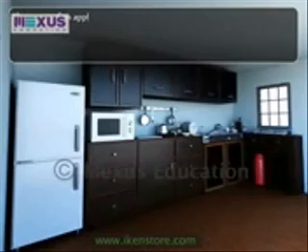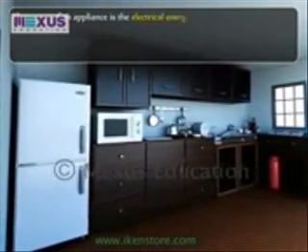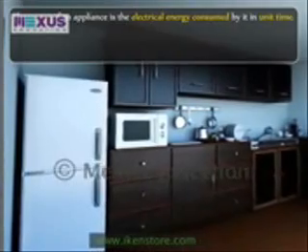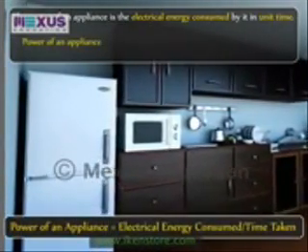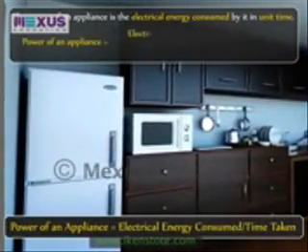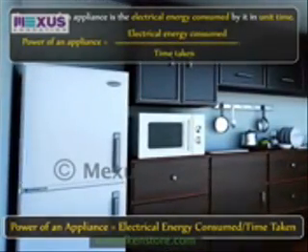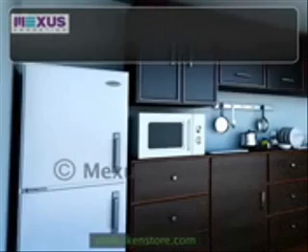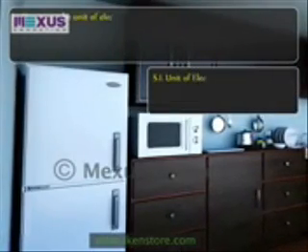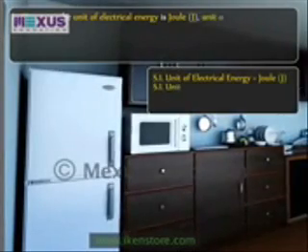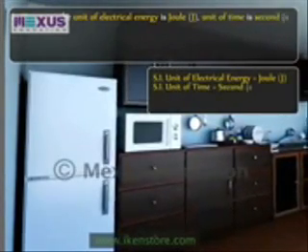The power of an appliance is the electrical energy consumed by it in unit time. That is, power of an appliance is equal to electrical energy consumed upon time taken. In SI system, the unit of electrical energy is joule, J. Unit of time is second, s.